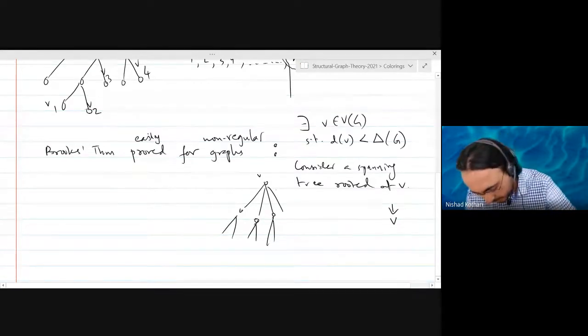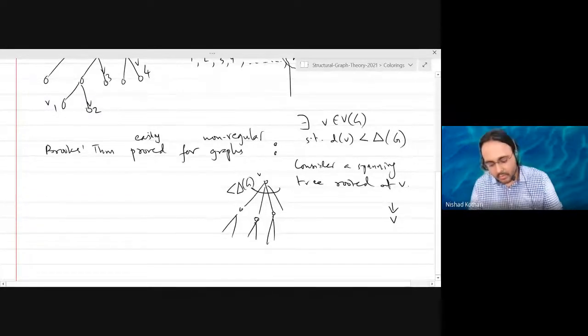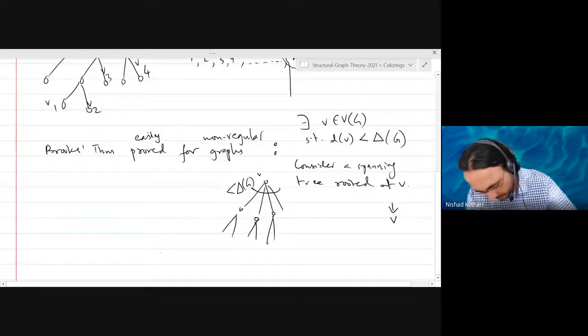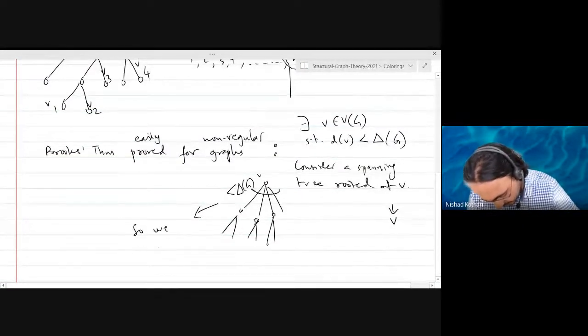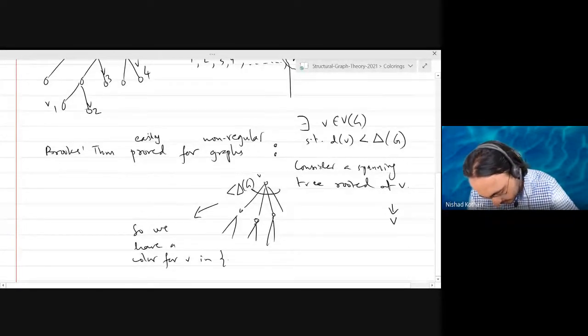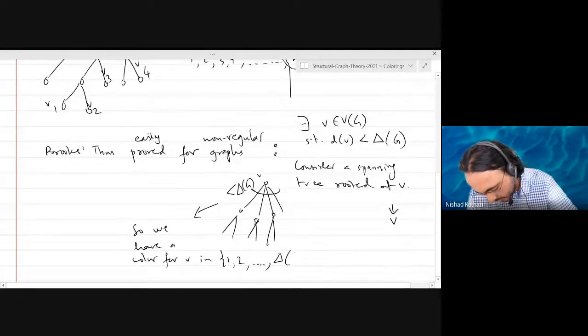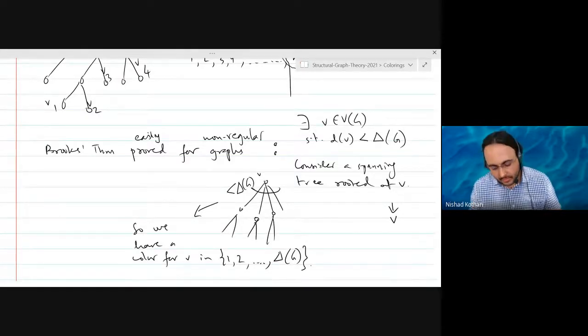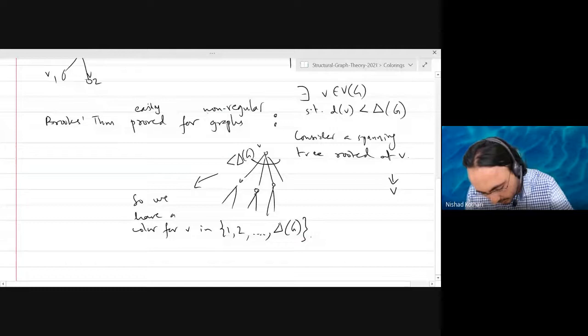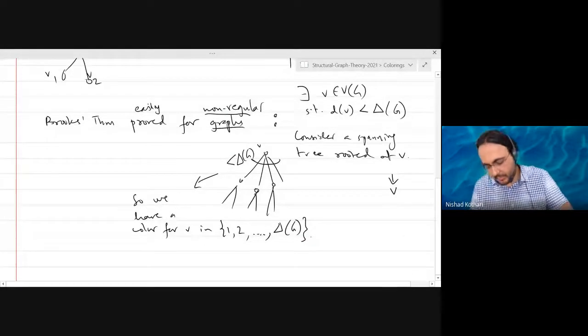The number of neighbors is strictly less than delta, so we have a color for V in the first delta colors itself. We never need to go to the delta plus 1 color. So what we have done is we have actually proved the theorem for graphs that are not regular.